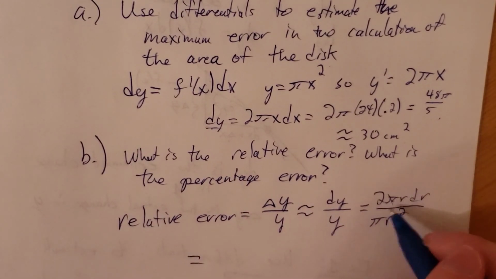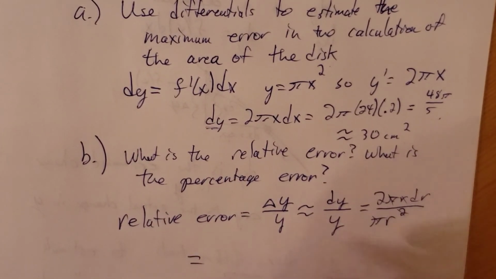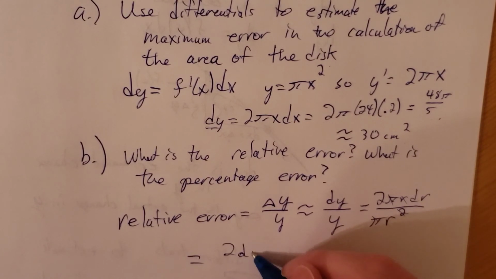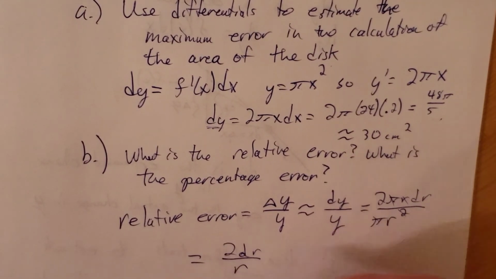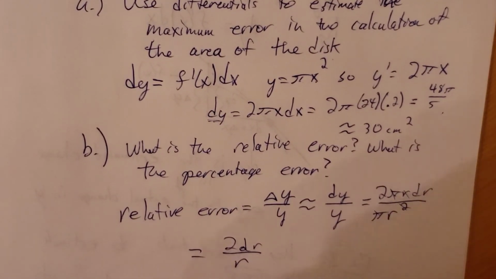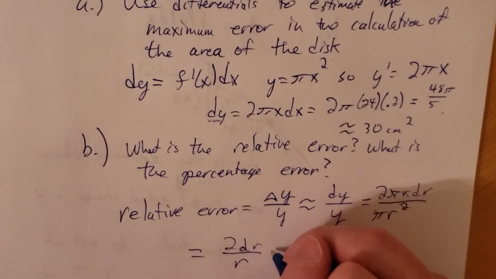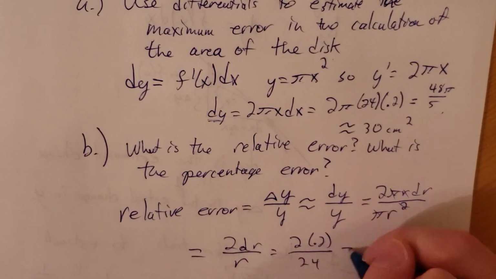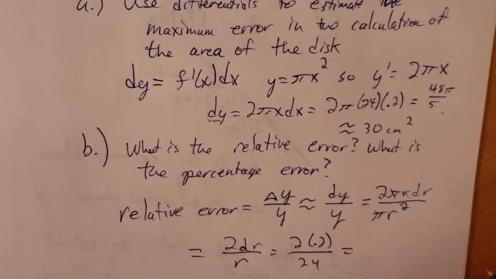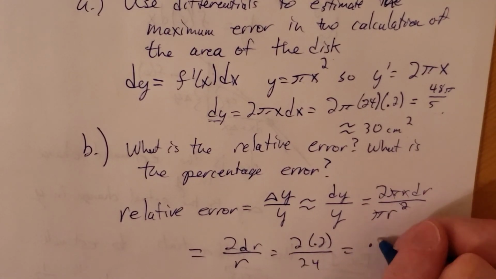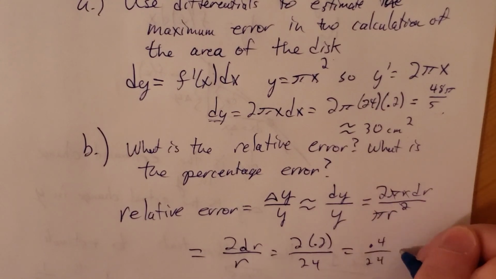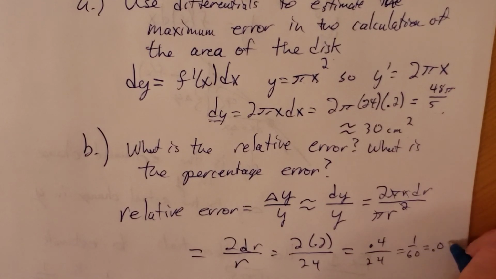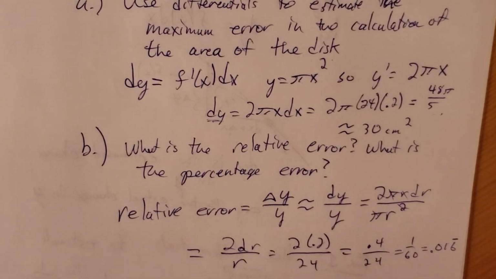So we can cancel here, and we get that the relative error is 2 dr over r, which is equal to 2 times 0.2 over 24 when we plug in our actual values, which is 0.4 over 24, which is the same as 1 over 60, which is 0.016 with the 6 repeating.